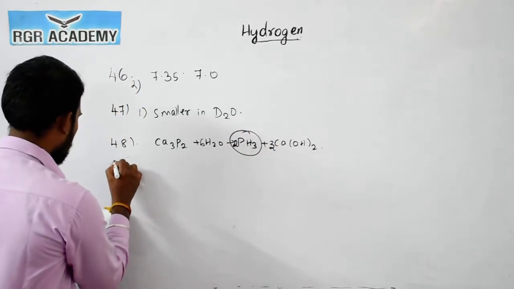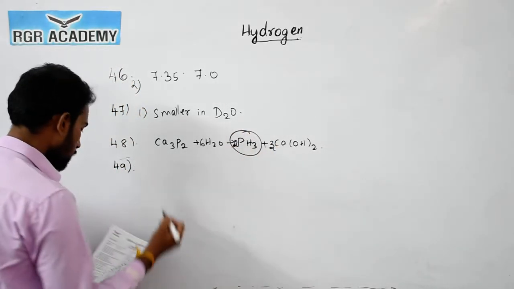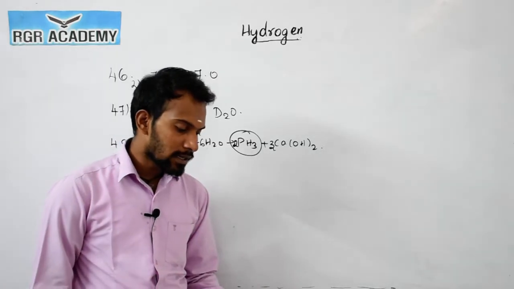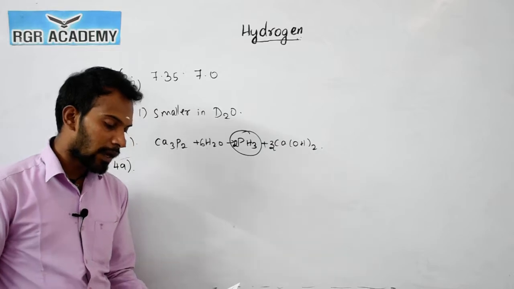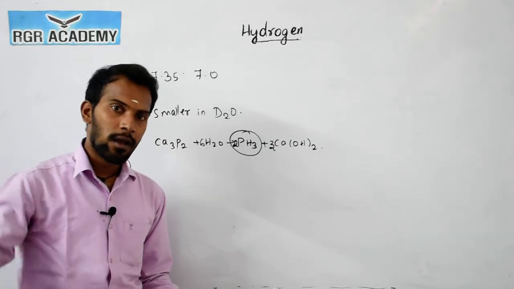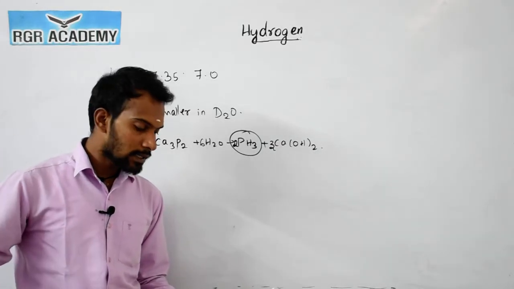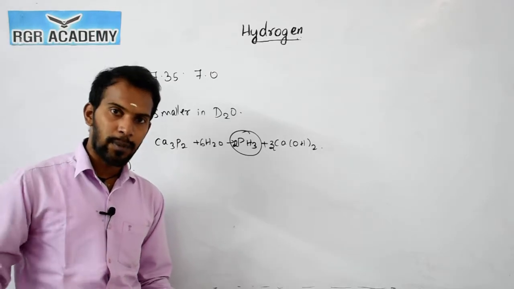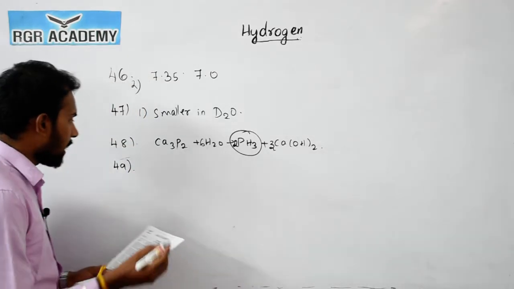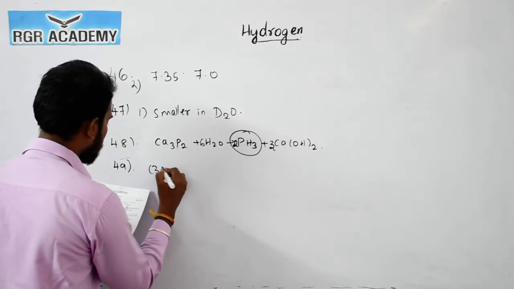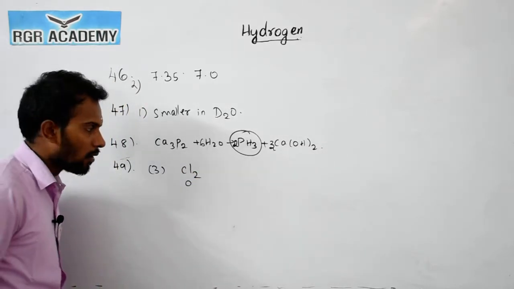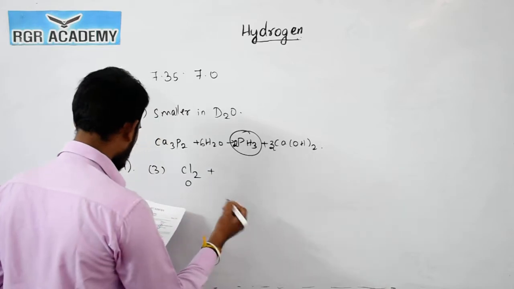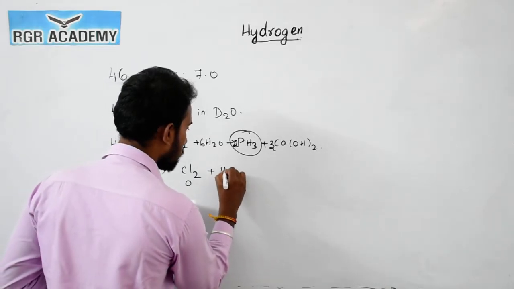Now question number 49. In which of the following reactions is hydrogen peroxide a reducing agent? A reducing agent means the element itself gets oxidized, and the remaining element is reduced. Here, option 3 is the right answer, because in Cl2 the initial oxidation state is 0. When you use a reducing agent, that one should be oxidized.